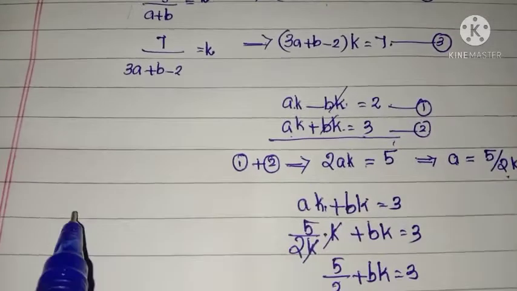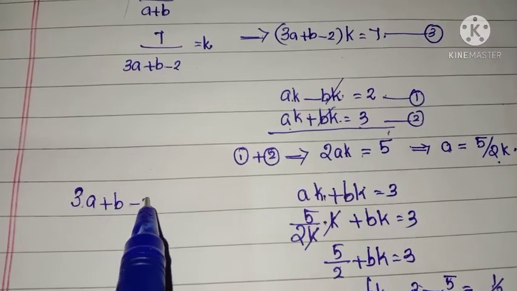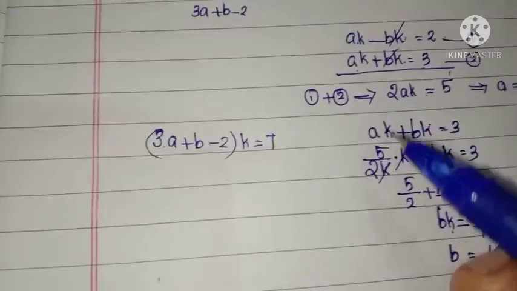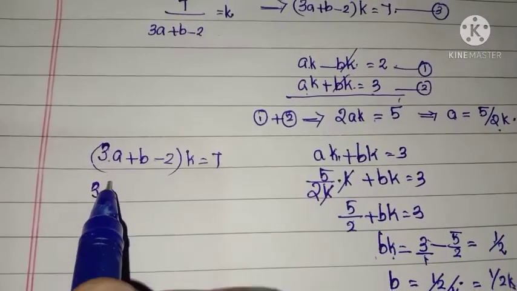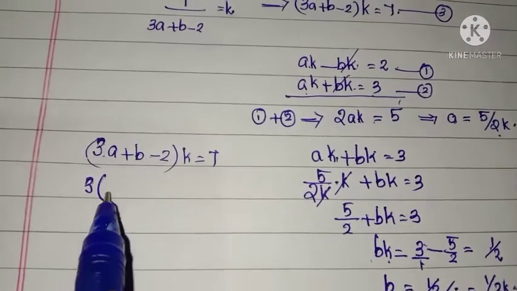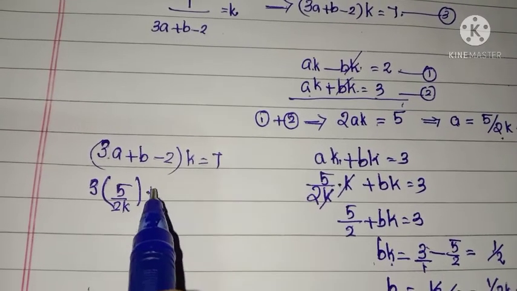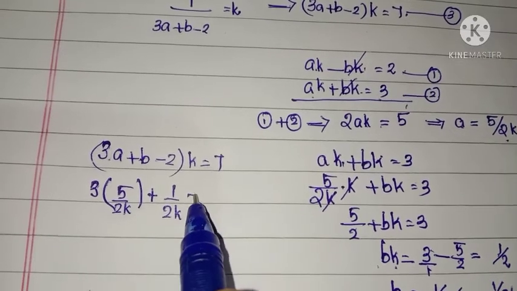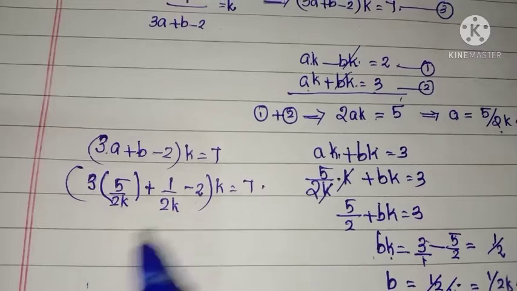See the third equation, (3a plus b minus 2) into k is equal to 7. Put these values of a and b here. That is 3 into, what is a? 5 by 2k, plus b. What is b? 1 by 2k, minus 2, into k is equal to 7.